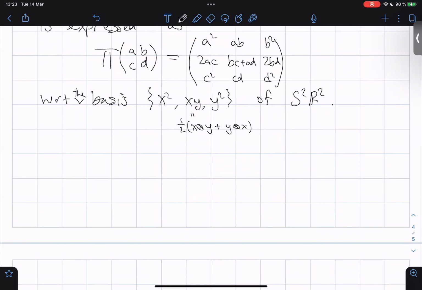Let me just remind you about this transition going from the group to the Lie algebra.